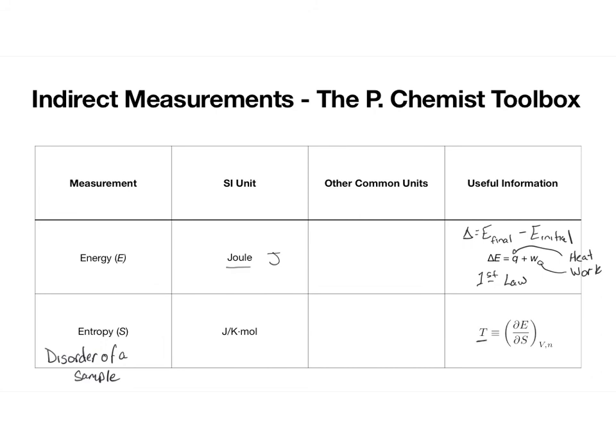And so the change, this is the derivative symbol, of the energy of a sample with respect to entropy, as long as we are holding volume and moles constant, will give us a definition of temperature.